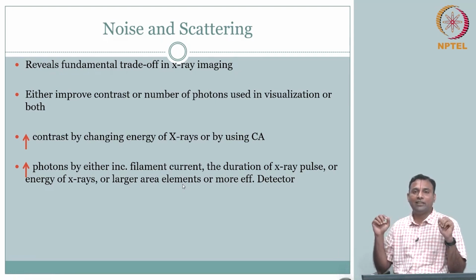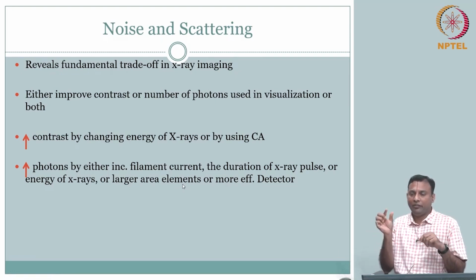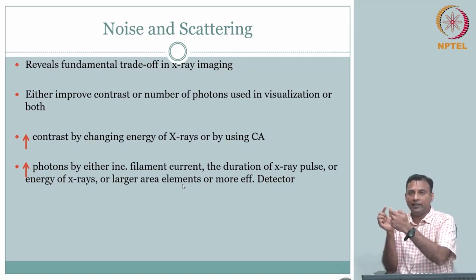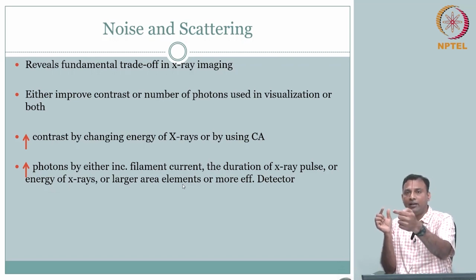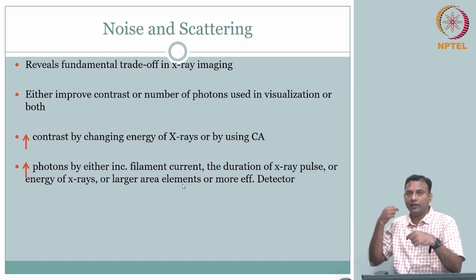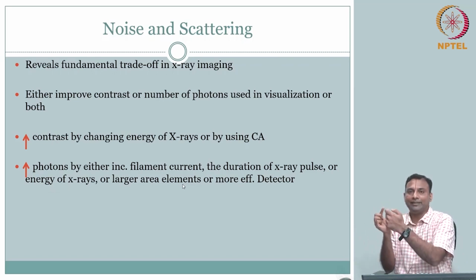I will compromise the resolution. My detector, if I have a smaller detector, then I am able to localize a location, right? So then I can say this is the location, the line through which it passed and came, this is my pixel size. But if I increase the detector size, I will catch more photons because the area is increased. But then I won't be able to localize, my resolution is poorer.